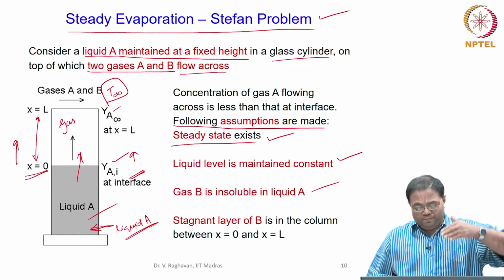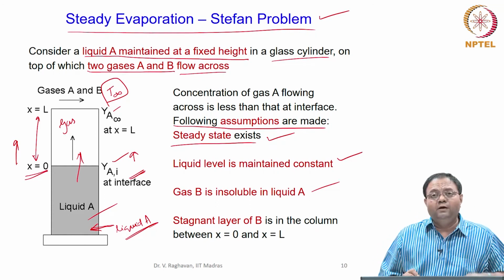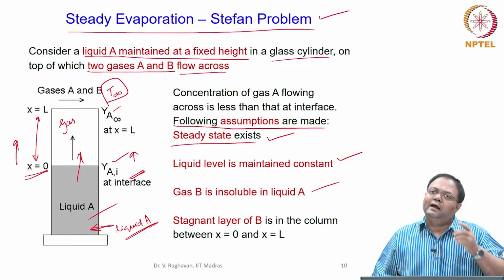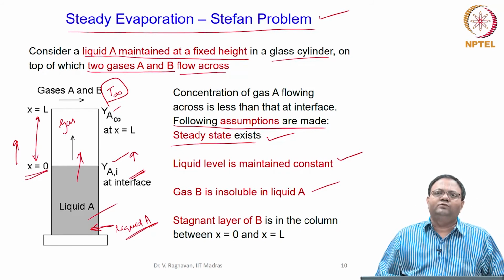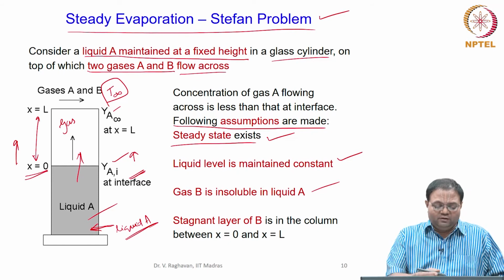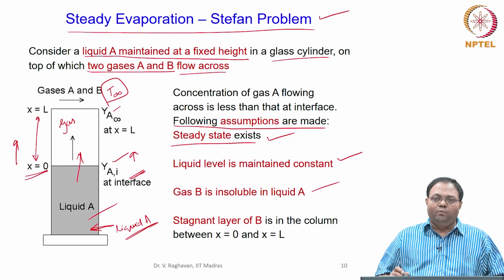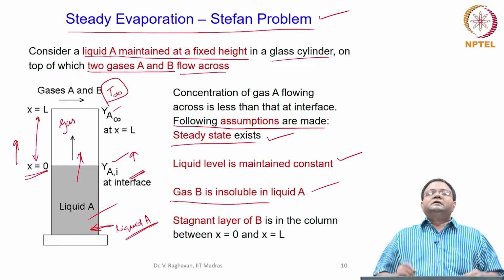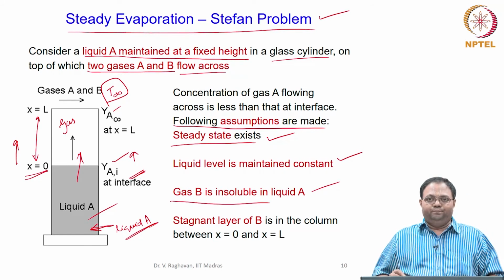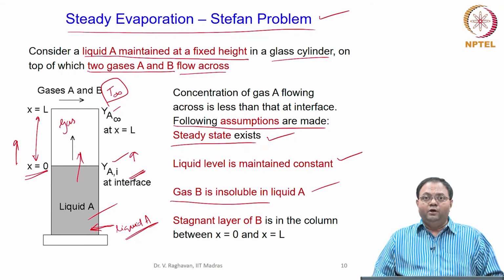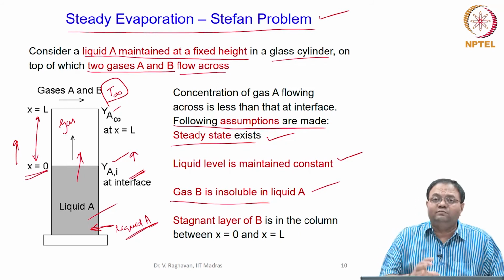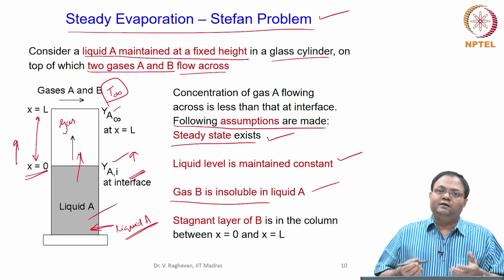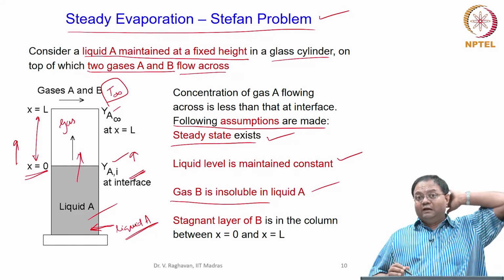So, dissolving of the gas into the liquid is possible at higher pressures, but we are not concentrating on that scenario, and this is a very simple open atmospheric pressure problem. Okay. So, gas B is considered as insoluble in liquid A. That is an important assumption made. This will keep the liquid phase single component. If gas B dissolves into the liquid, then it will become two components in the liquid phase.